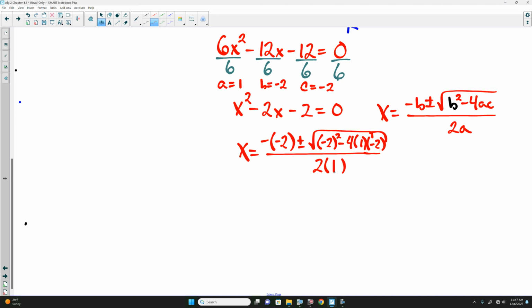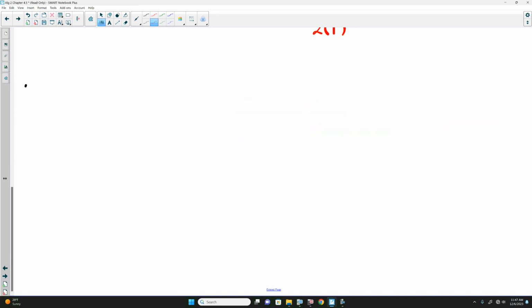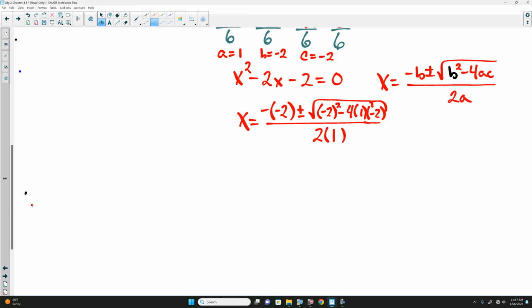Now this one here will be a rational solution, because we did see that it crossed the x-axis. So we could type this whole thing in. We can't type in the plus or minus because there is no key like that. We would have to pick one or the other.